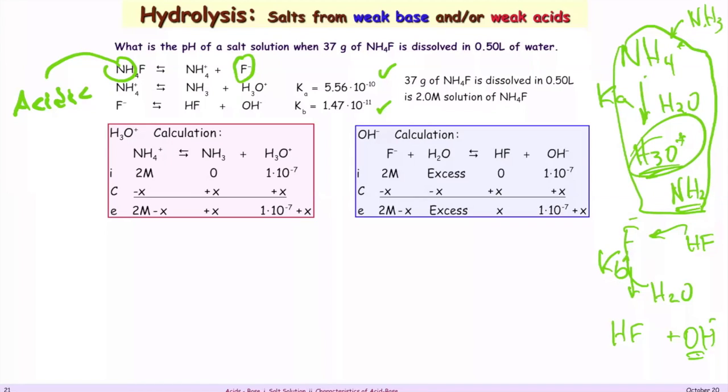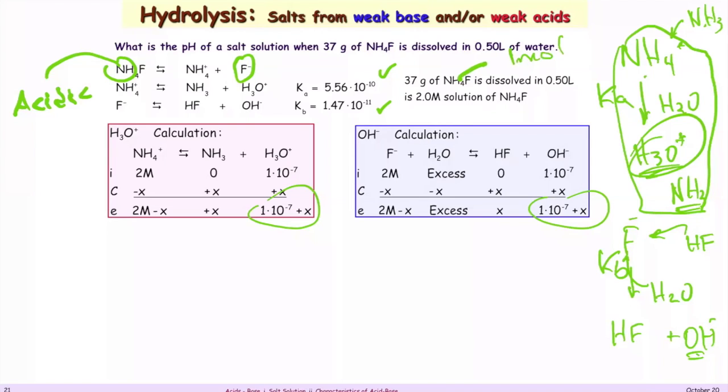So we can calculate the amount of hydronium that forms and the amount of hydroxide that forms if we can do our little shortcut trick. 37 grams of ammonium fluoride is 1 mole.